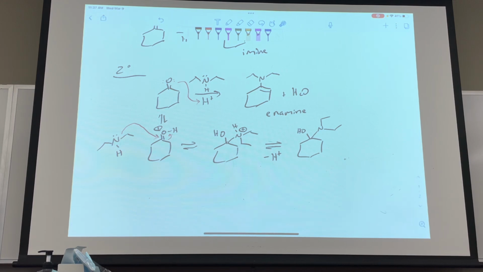So why don't we think about trying to get rid of it by making it a good leaving group simply by protonating the hydroxyl. And again, that shouldn't be too surprising to you because we are under acidic conditions. So there are plenty of protons around. So once we protonate that, we've got a good leaving group.